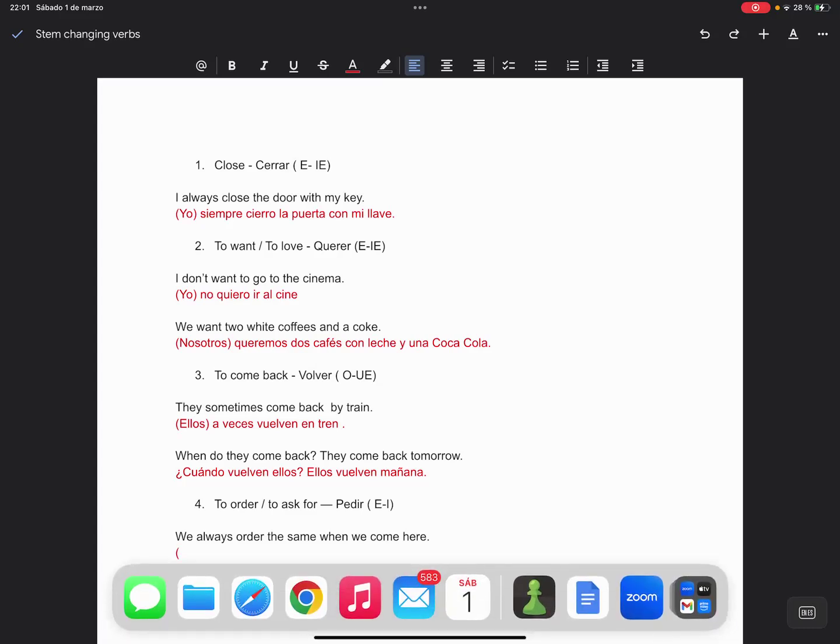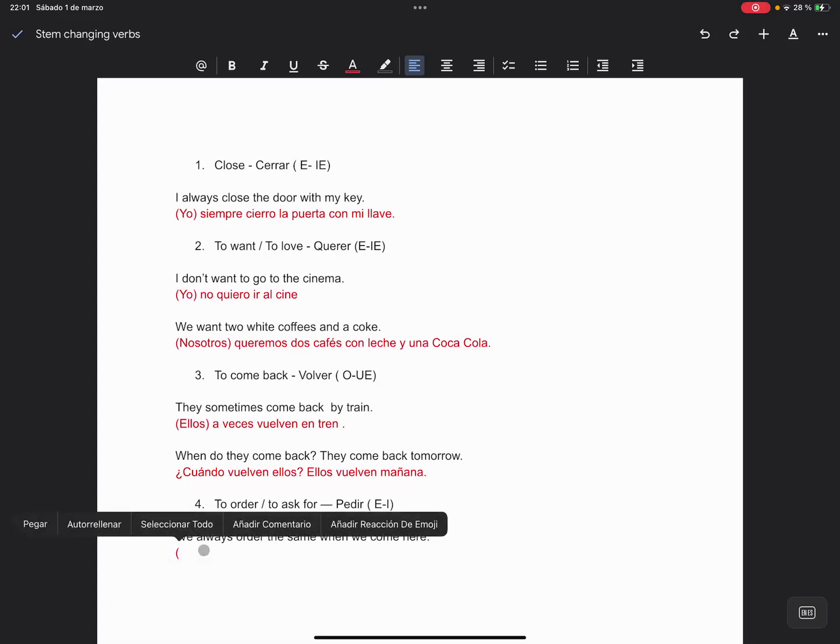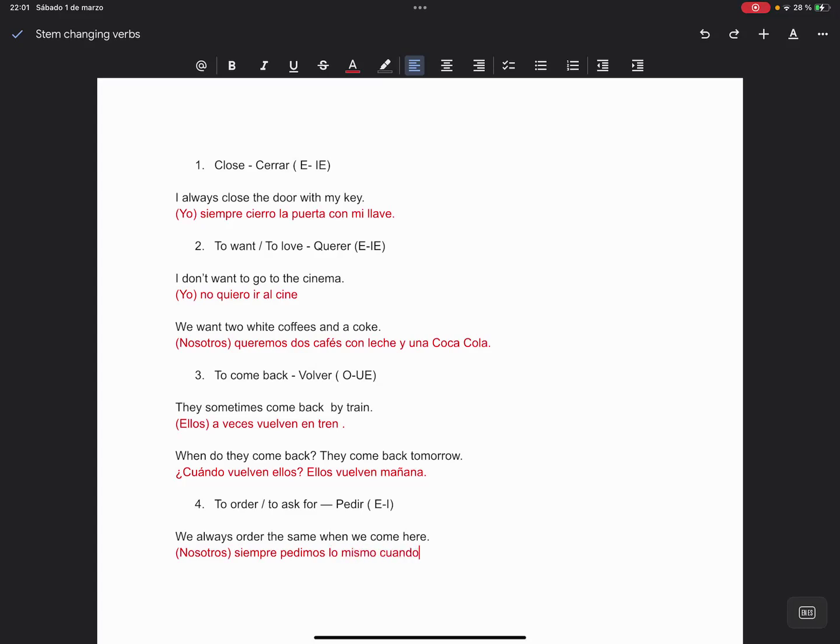Nosotros, optional, siempre pedimos lo mismo cuando nosotros, optional again. What's the verb to come? The verb to come is the verb venir, which is a stem changing verb as well, but it's a go verb.